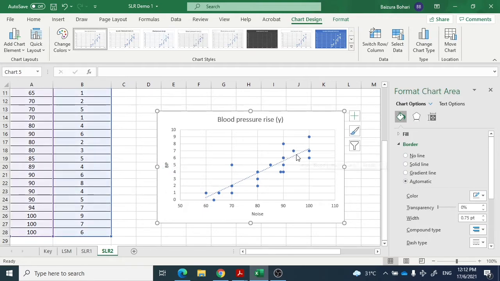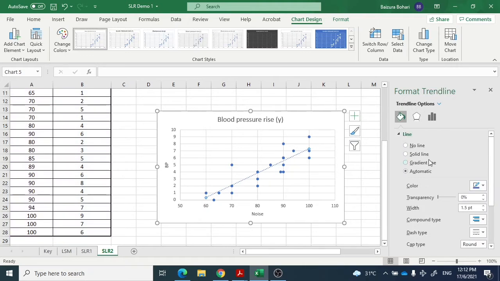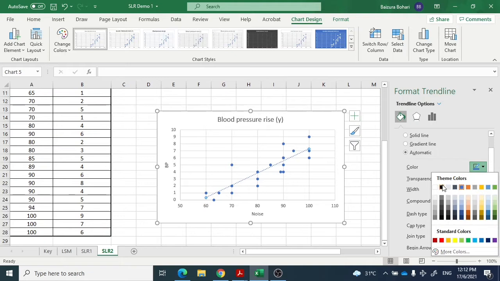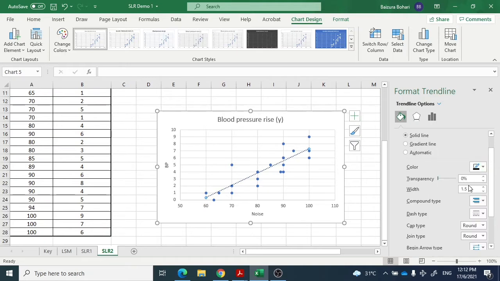And then I'm going to change the trend line to make it more visible. Okay, that's good.